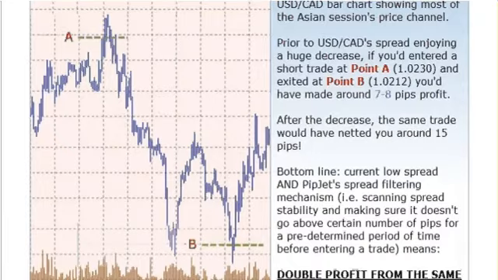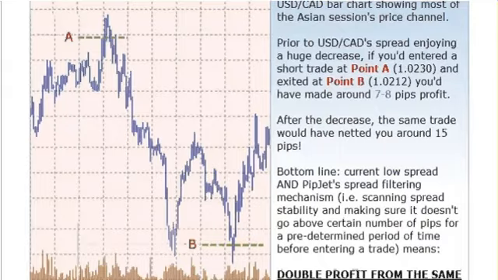And PipJet's strategy is probably the only strategy in existence, at least that we know of, that's not only able to exploit the dramatic spread decrease of the currency, but at the same time scan safely during the Asian session for adverse spikes in the spread. And yes, we did work very hard to develop a mechanism that allows the robot to foresee the future stability of the spread with a very high degree of accuracy.